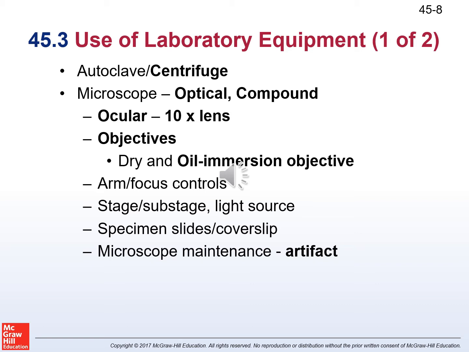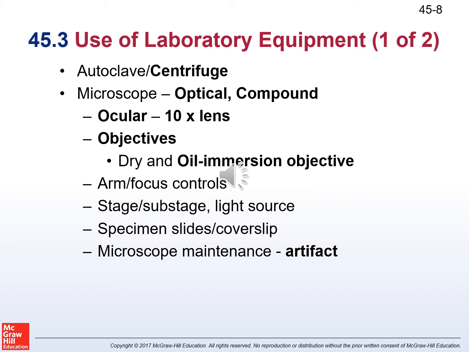Just below the oculars, the objectives are mounted on a swivel or rotating base called the nosepiece. These pieces of the microscope will be the closest to the object being magnified. Two of the objectives are dry, with airspace between the specimen and the objective.